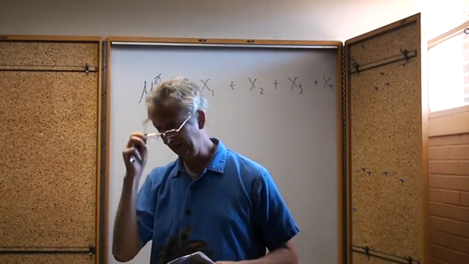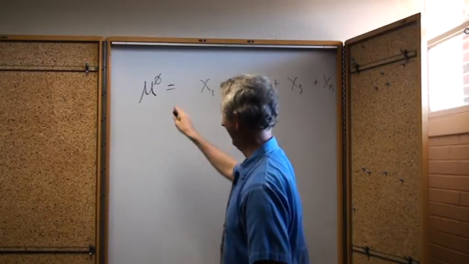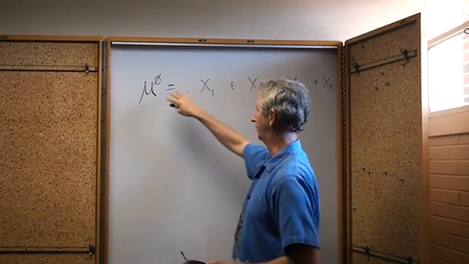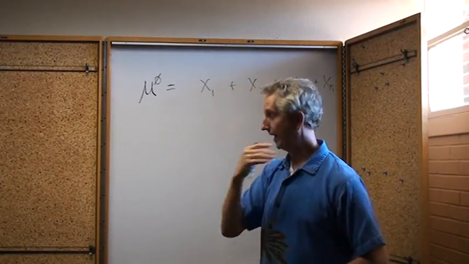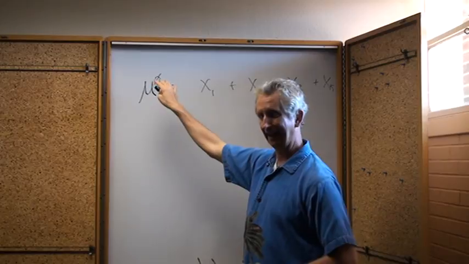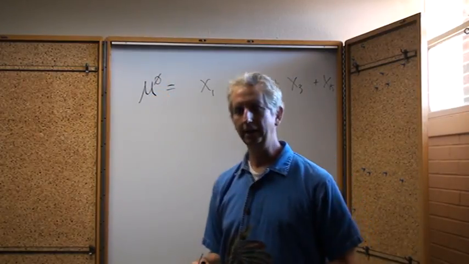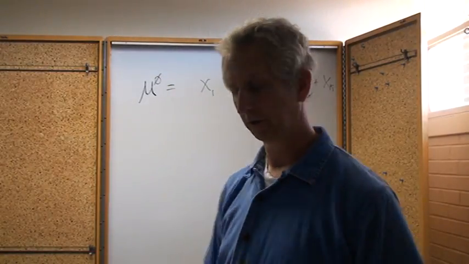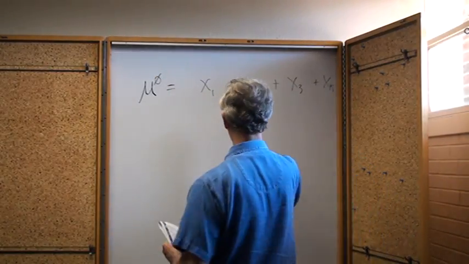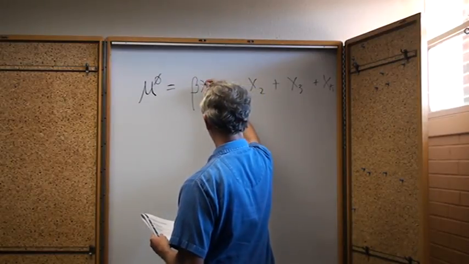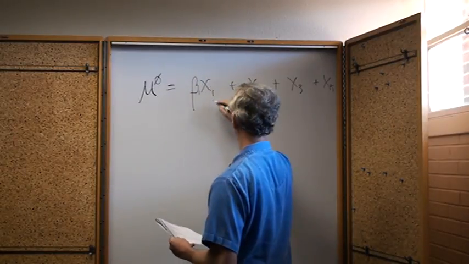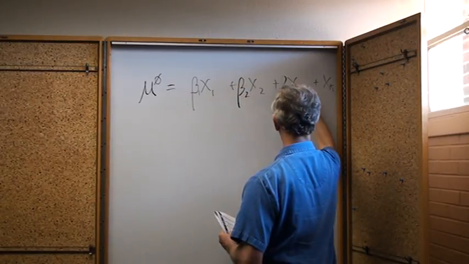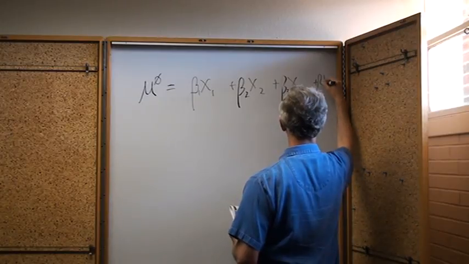So in the population, any given outcome variable can be seen as being a derivative of a number of these independent variables. And how these independent variables relate, if at all, to the dependent variable is a function of what's called the regression coefficient we talked about under the title of simple linear regression. And in the population, we denote these as beta. So beta 1 times x1 plus beta 2 times x2 plus beta 3 times x3 plus beta k times xk.